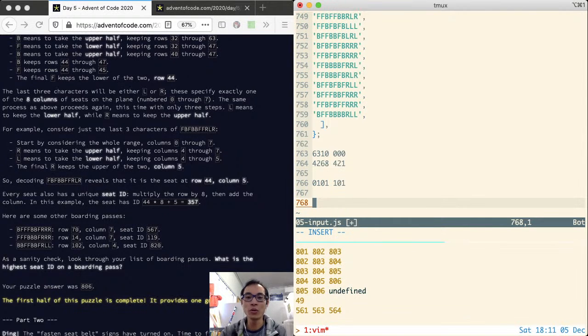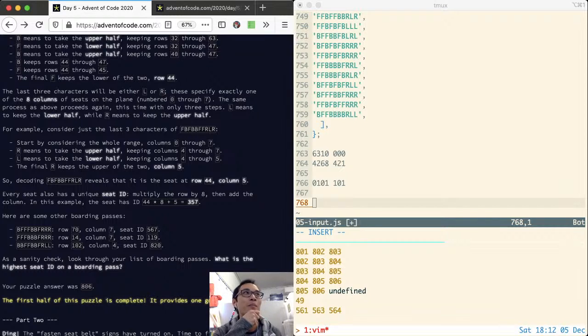Then this expression is equivalent to saying take the row, multiply it by 1,000, and then add the column. But that's what we have already, right? We already have the row being stacked on top of the column. Oh, I can't explain this. Again, I'm bad at explaining this.